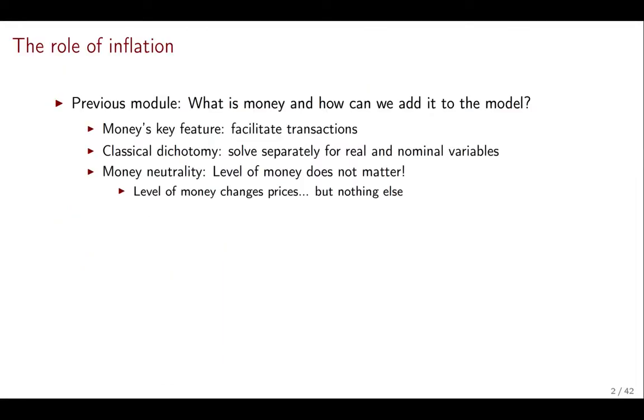First, we want to focus on the role of inflation, but before we get there, in the previous module, we were asking what is money and how can we add it to the model? And so we said that money's key feature is that it facilitated transactions. But then when we solved the model, we found that the model showcased what we call the classical dichotomy.